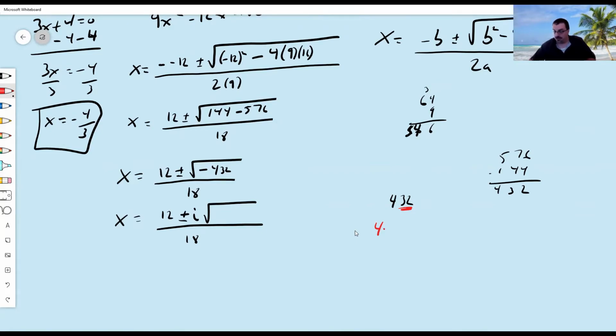With a little calculator work, you'll get 108. 108 is 4 times 27.